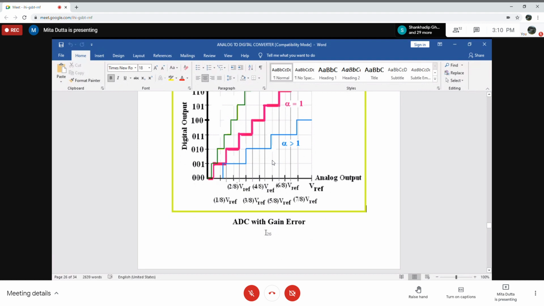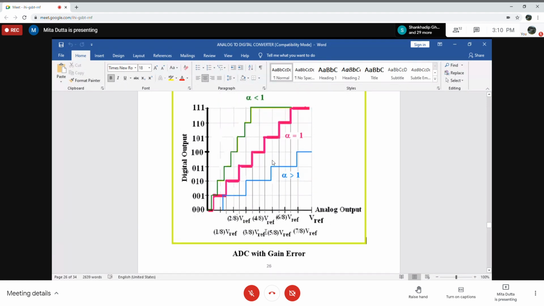So the code width is clear to you. How could we define code width? Yes, ma'am. It is the range of analog input voltage for which the given output code occurs. So here, up to 0.5 LSB, the output code will be 000.